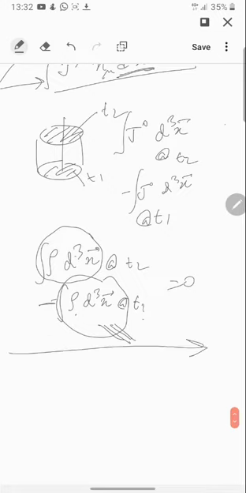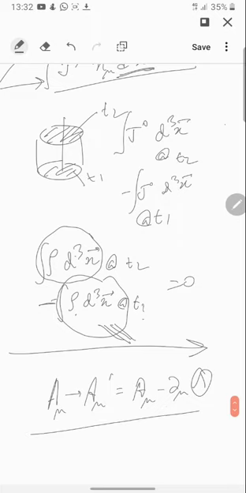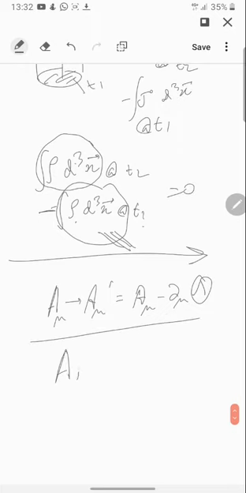So, from this we can say that the gauge symmetry of electrodynamics, the gauge symmetry of the 4 vector field, A mu going to A mu prime, which is the old A mu minus del mu lambda with this gauge parameter lambda, will leave the interaction action invariant if del mu J mu equals 0.